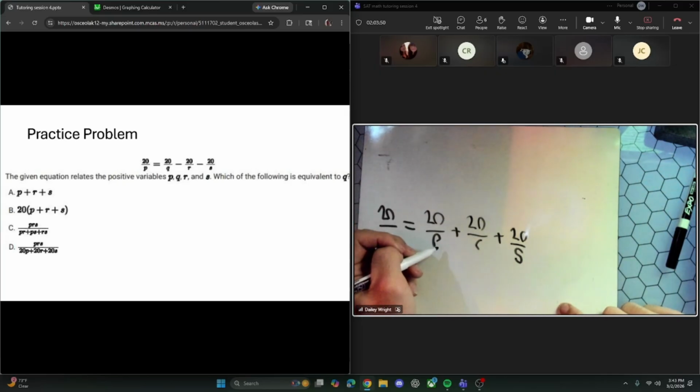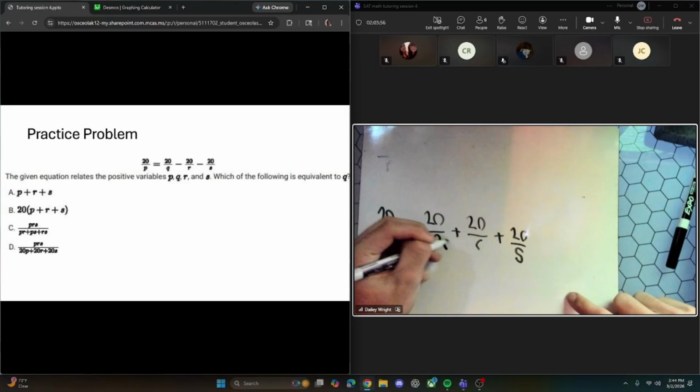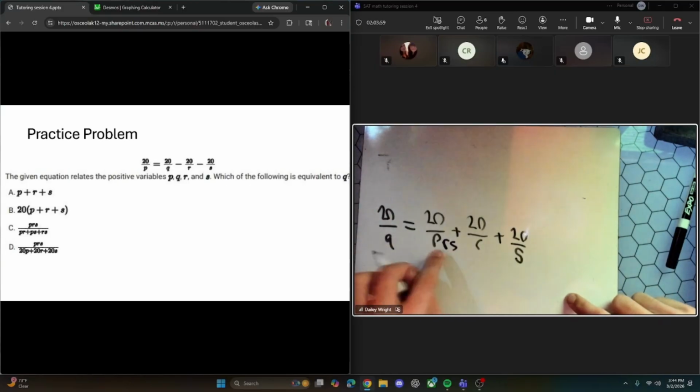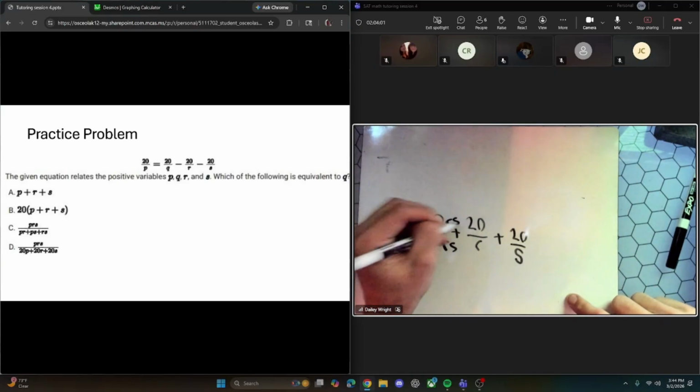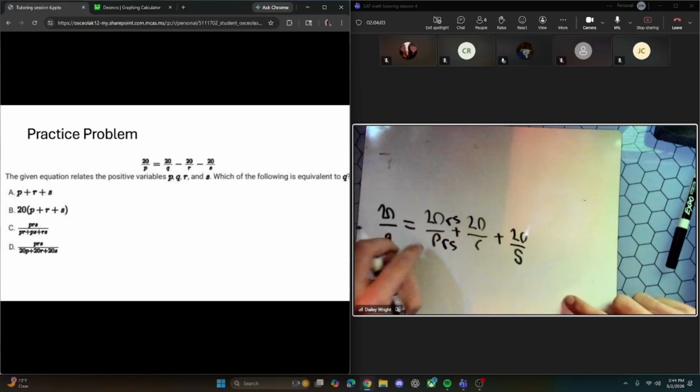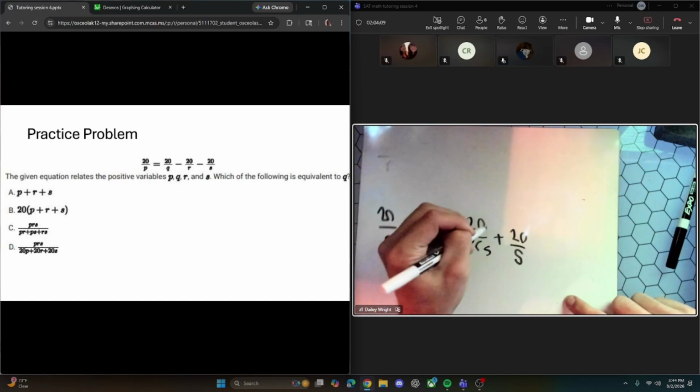So the least common multiple between p, r, and s is p, r, s. So you want to multiply your 20 over p by rs over rs. You want to multiply your 20 over r by ps.